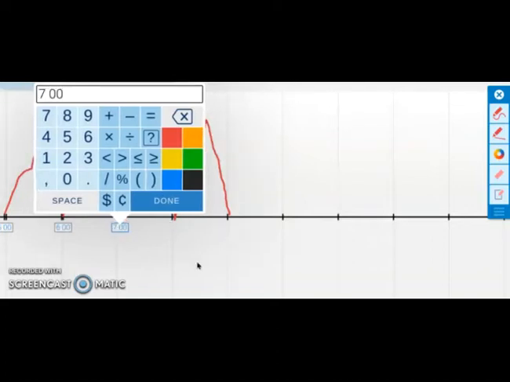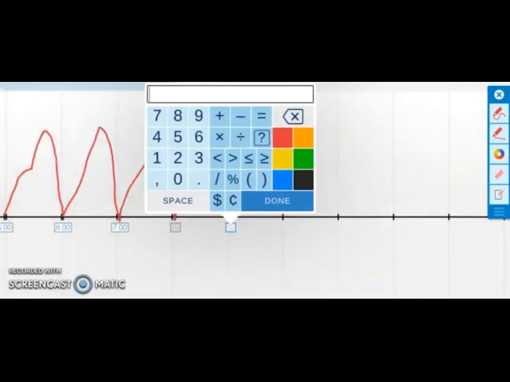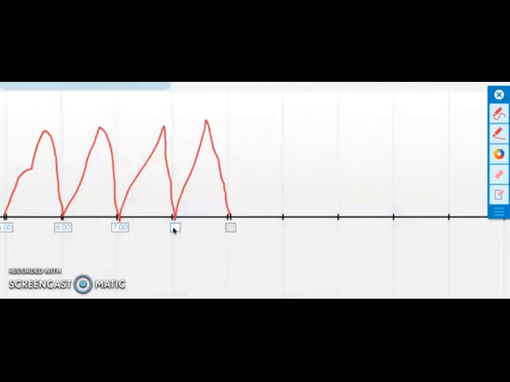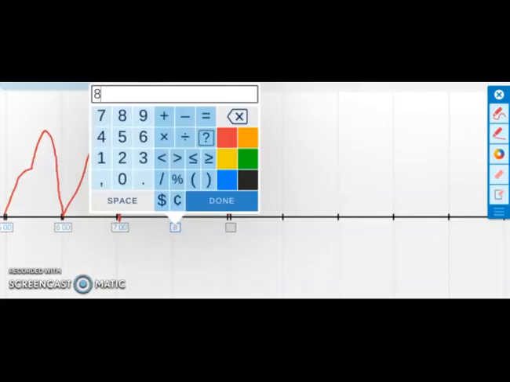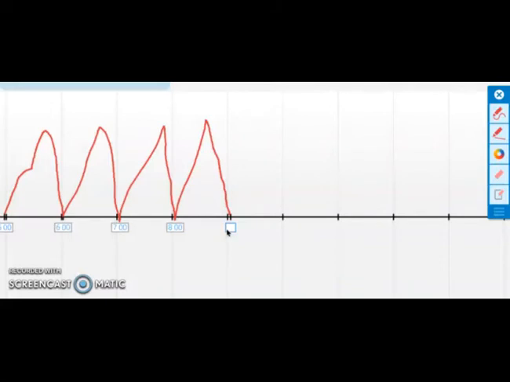And then I'm going to decide again what hour is it going to be in an hour from 7, and that's going to be 8. And then another hour is going to be 9.